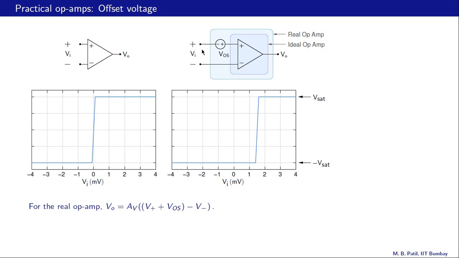It is V plus of the real op amp plus VOS, that quantity. What is this voltage? It is V minus of the real op amp, like that. Now we want to ask the question, for what value of VI, this VI, will VO be 0? And that will give us this VI here, for which VO is 0.